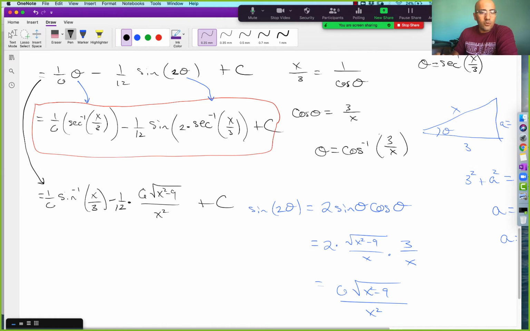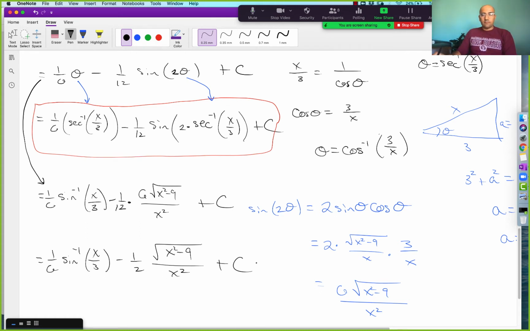So the 6 and the 12 reduce to give you a 1/2. So you get 1/6 inverse of x over 3 minus 1/2 square root of x squared minus 9 all over x squared plus some constant.